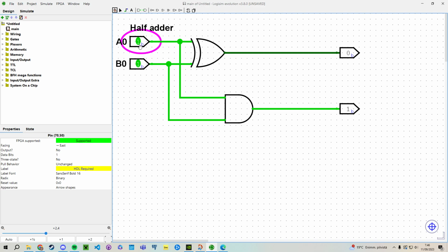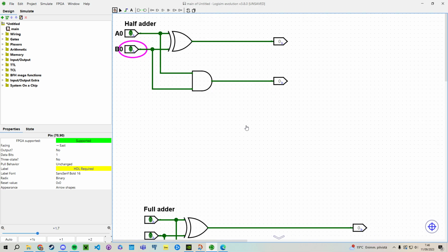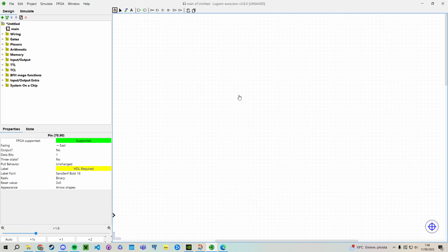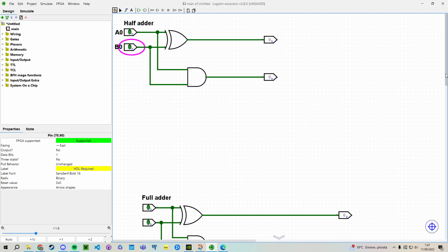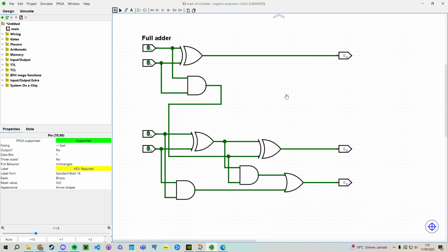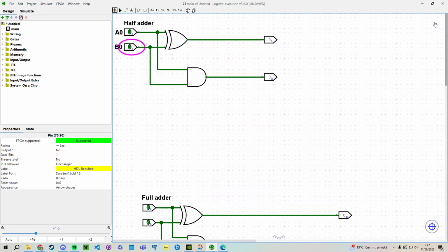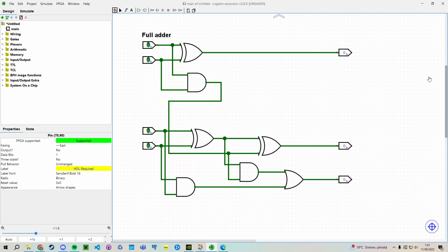And with the half adder, we can make the full adder. And it looks something like this. And it looks a lot more complicated than just the half adder, but we can see that the half adder is still used in the full adder.